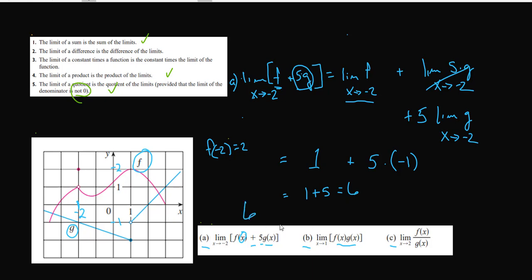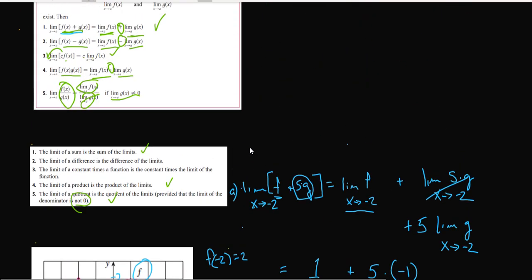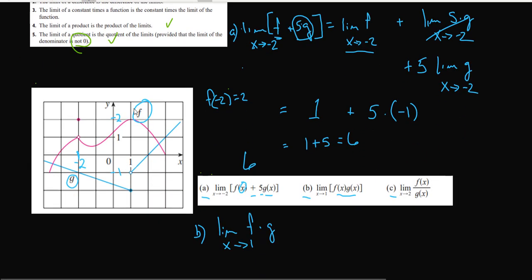Okay, now let's do B. And I'll just write it like that because I don't want to write the x's each time. So it's the limit of f times g as x approaches 1. So we have another rule up here, the limit of f times g. It says you can write it as the limit of f times the limit of g.